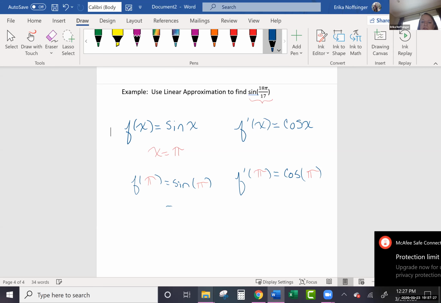So sine of pi. So sine, remember, is the y value on the unit circle. Pi is at the negative x-axis, and sine is 0 then. And cosine of pi, this would be -1.